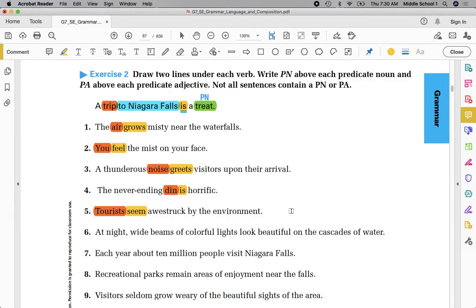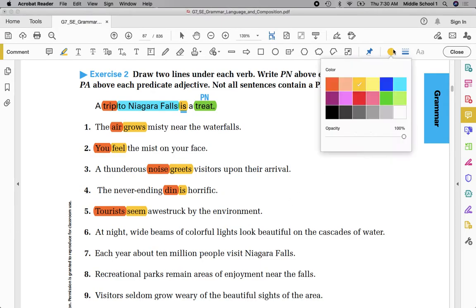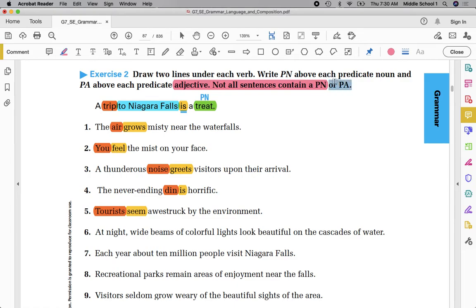Now, as you go through these sentences, you need to identify the predicate noun or the predicate adjective. We also need to keep in mind that not all of my sentences are going to have one because maybe it's not going to be a linking verb. So I'm going to find that out in my sentence.